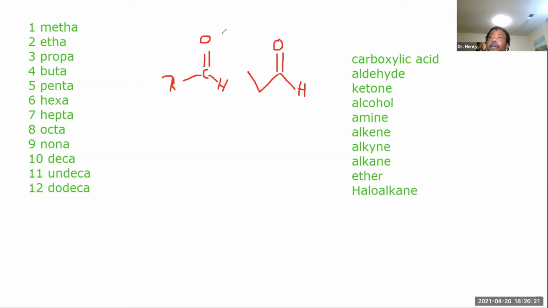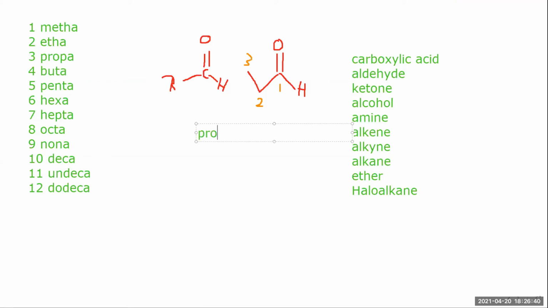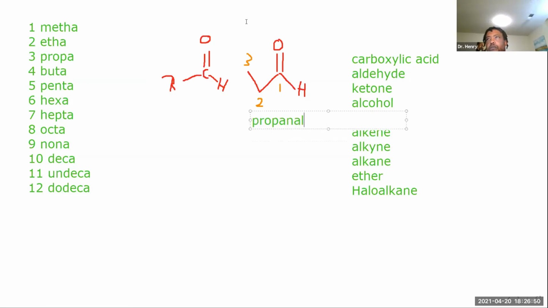Okay, so this is your first carbon, this is your second carbon, this is your third carbon. So a 3-carbon chain is called? Pro. Okay, so this would be called propanal. Propanol? Not ol, al, yes.